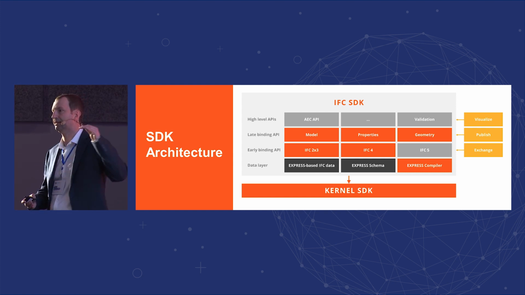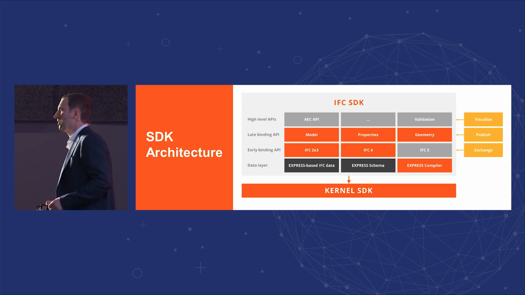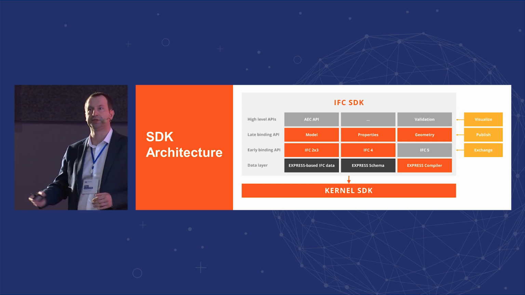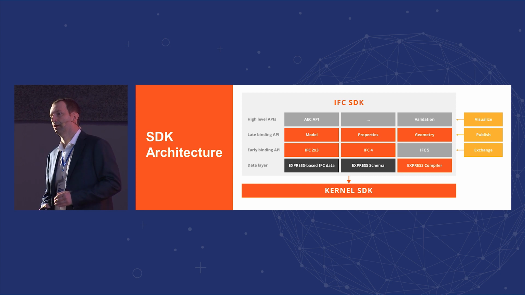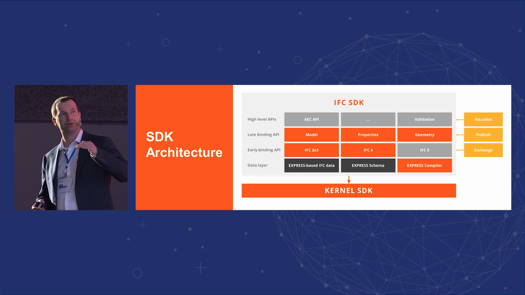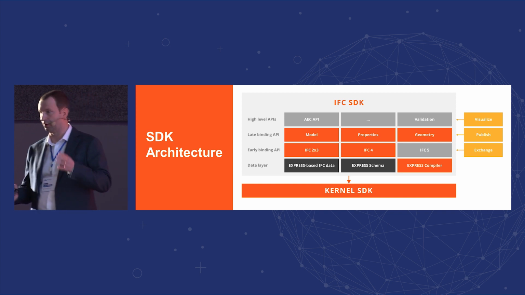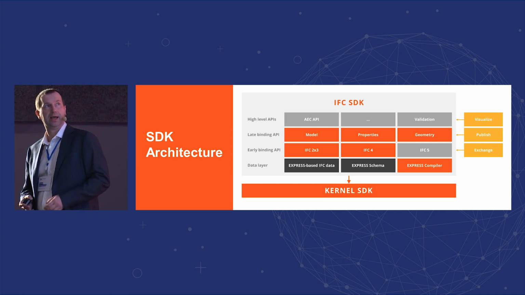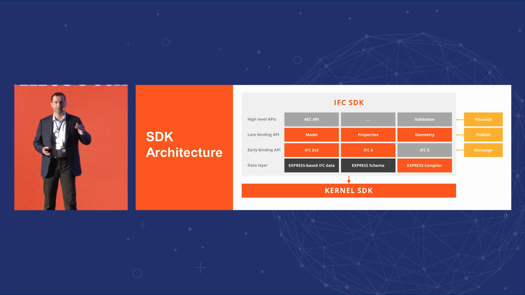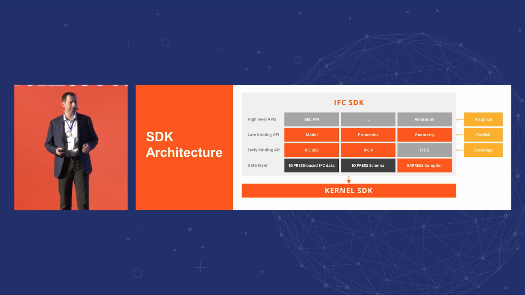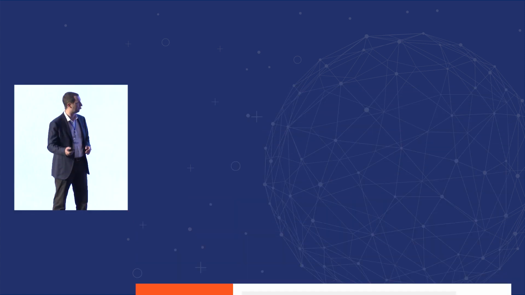We have the data layer, based on the Express Schemas support provided by Building Smart. We have a low-level early binding API for the most popular formats of IFC. And we also implemented a late binding API that allows working in a common manner with different formats of IFC.